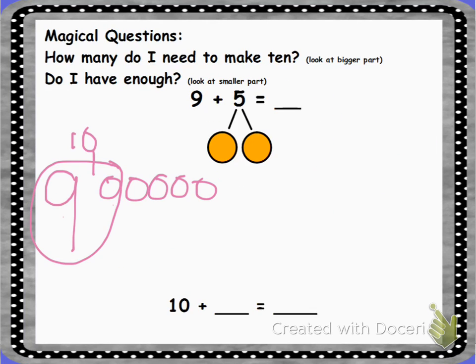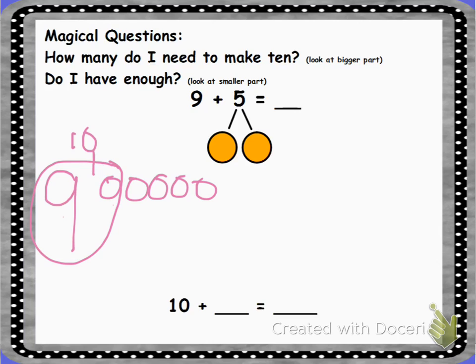Now we know that 9 needs 1 more to make 10. Now what I like to say is that 9 is greedy. So this is called the greedy 9. That 9 always wants to be 10. Okay, so every number really wants to be 10. So we know that that greedy 9 has to take 1 to be 10. So that 9 is going to go to 5 and say, hey, 5, can I have 1? Because I really want to be 10.